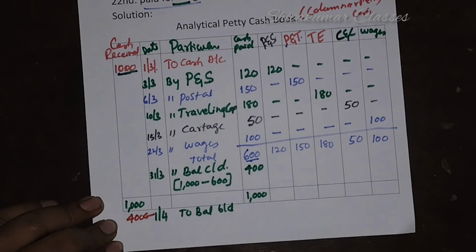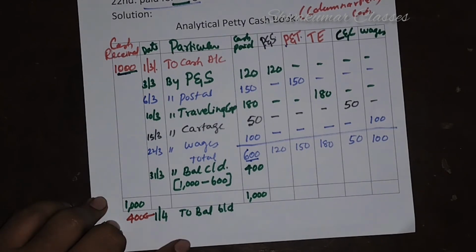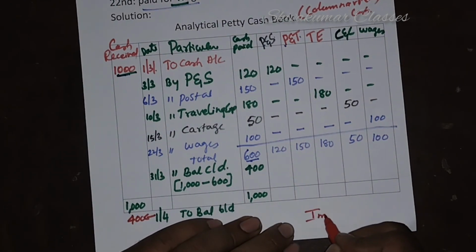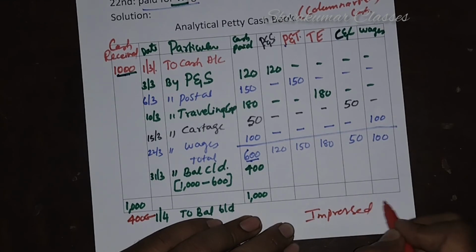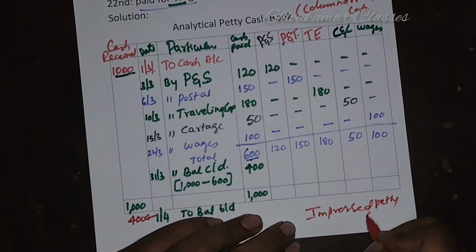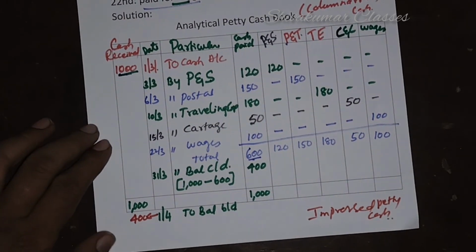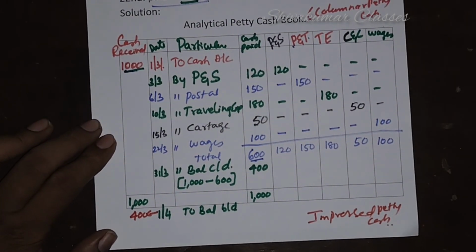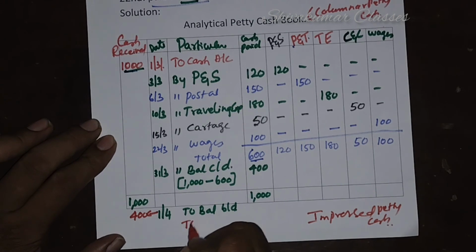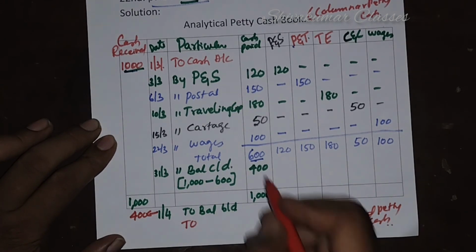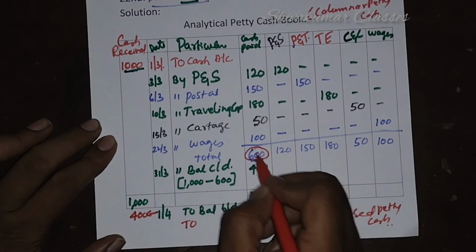Sometimes in a problem they will give an imprest petty cash. Imprest petty cash means that every month we have to maintain the same amount of cash. Under that situation, you have to receive the amount that has been spent already. The amount spent is 600.